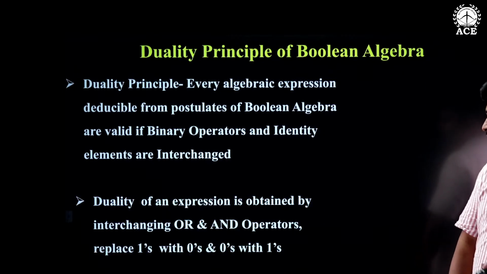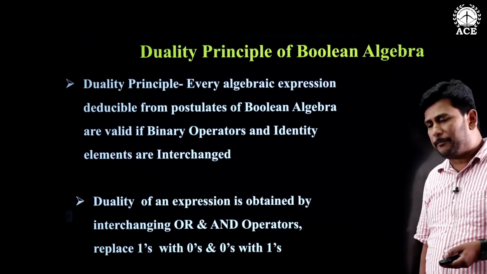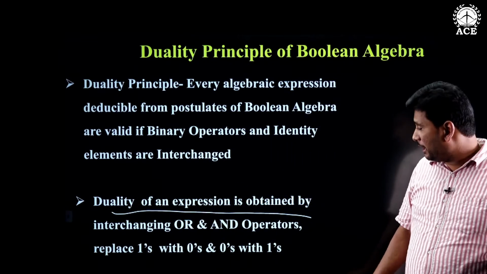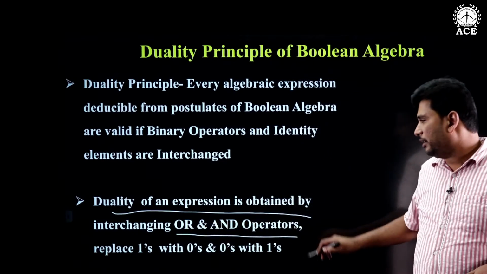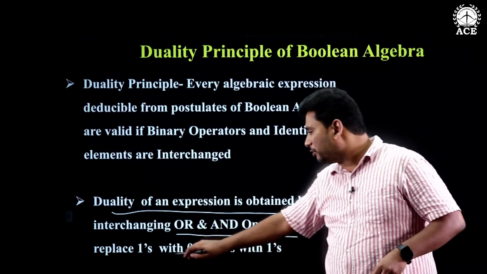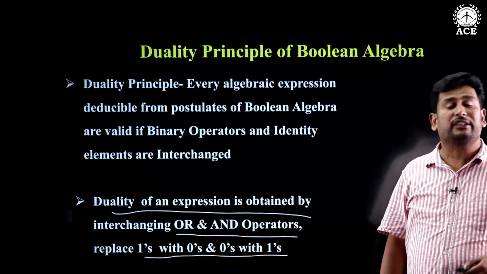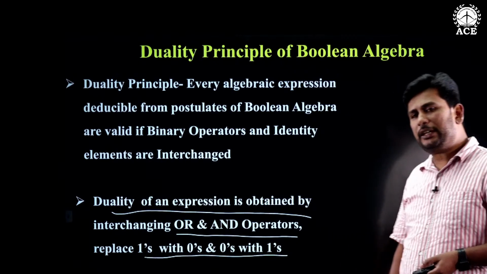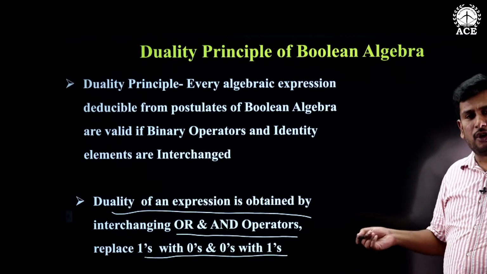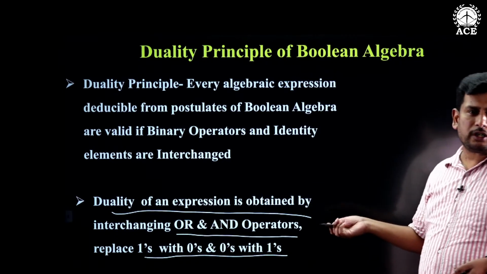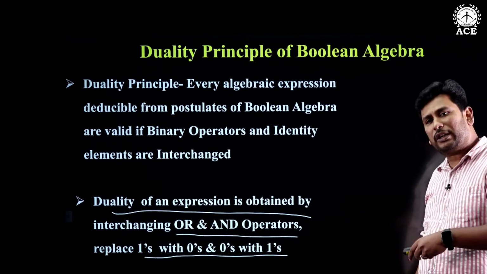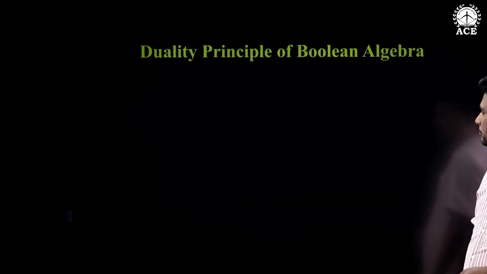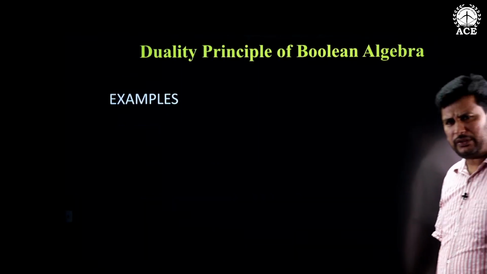Duality of an expression is obtained by interchanging the OR and AND operators, and also replacing ones with zeros and zeros with ones. Sounds clear? Okay, so let me try with some examples.